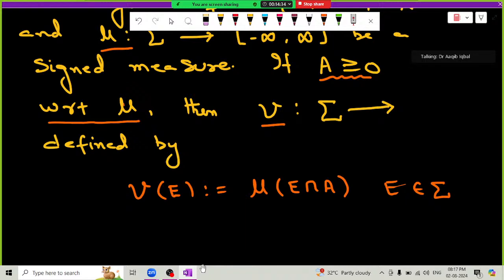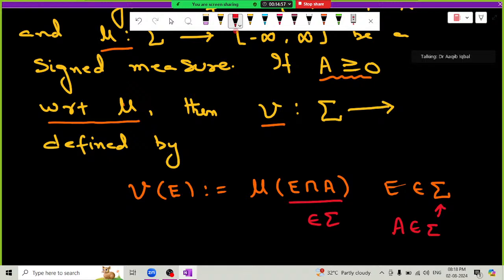Now what is this? अगर आप इसे देखेंगे, what is this? E is coming from sigma algebra. A is a positive set, so A is also coming from the sigma algebra. So this, being an intersection of two sigma algebra members, is coming from the sigma algebra, right? So this is a sigma algebra element. ठीक?